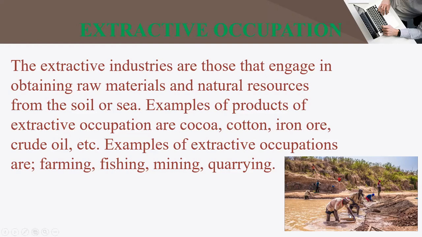They are trying to extract something from the soil. So examples of products that we extract are cocoa, cotton, iron ore, crude oil, and so on. And those who are engaged in this kind of occupation are farmers, fishermen, miners, those who are working in quarry, and so on.